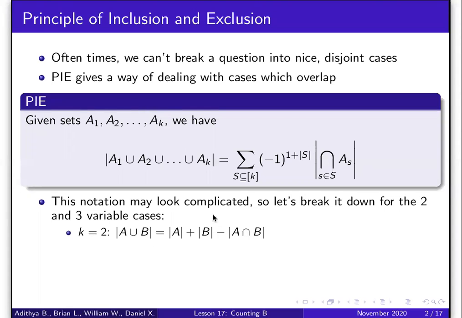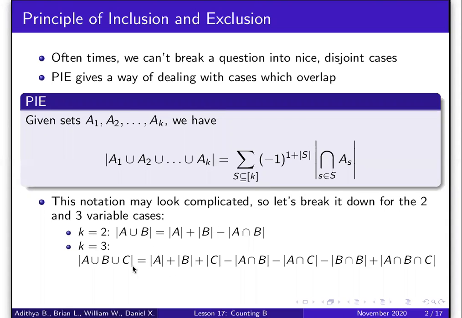And similarly, the three variable case is also very familiar. The magnitude of the union of three sets is equal to the sum of their magnitudes minus the sum of the magnitudes of their pairwise intersections, and then plus the magnitude of their common intersection.